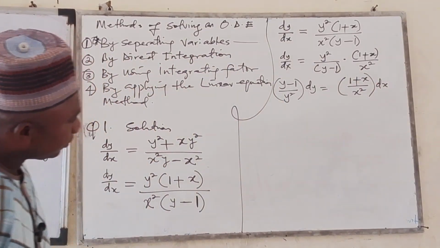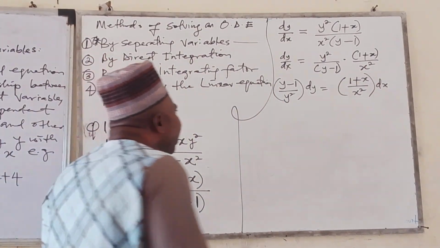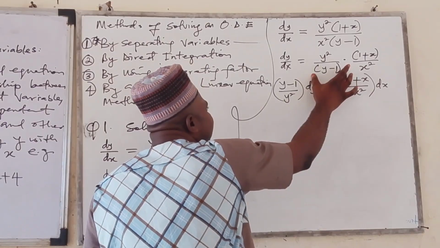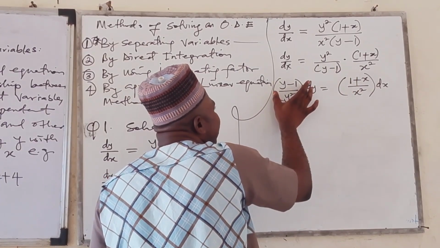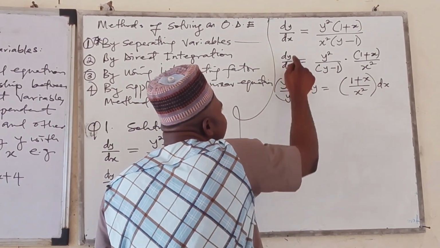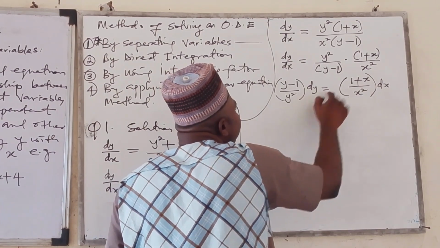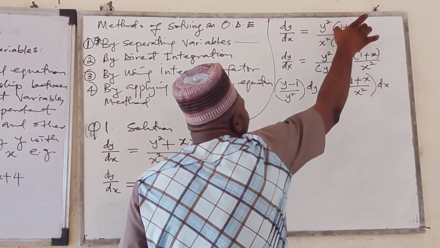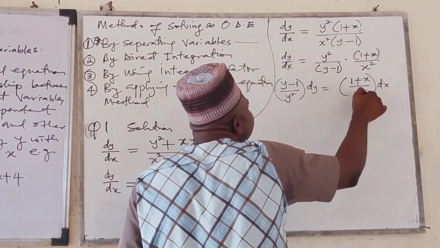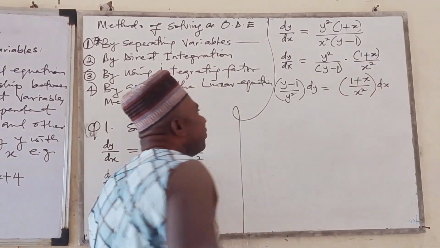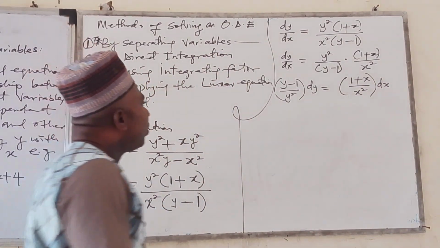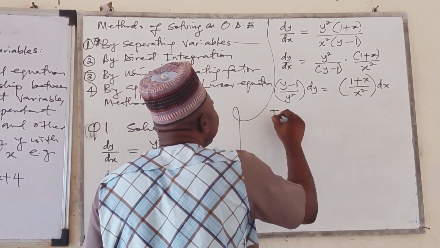Now, let me explain. If you multiply through by y minus 1 and divide by y squared, we have (y minus 1) all over y squared dy equal to (1 plus x) all over x squared dx. Now, integrating both sides.